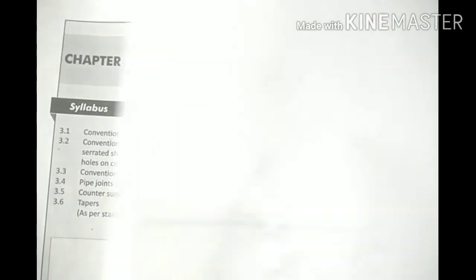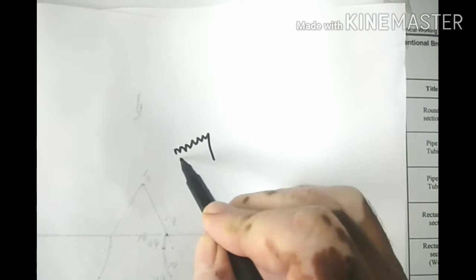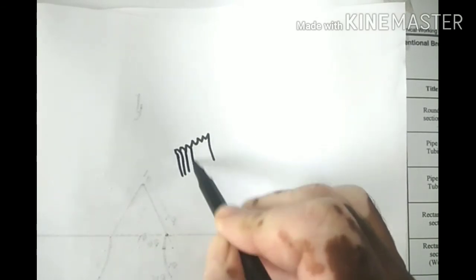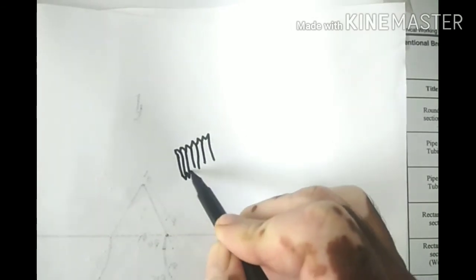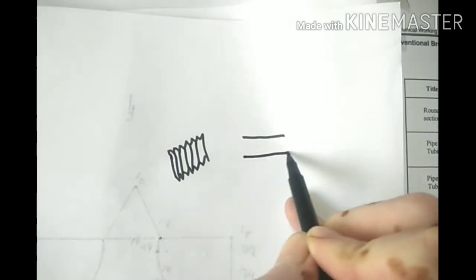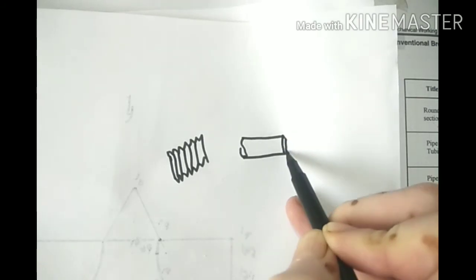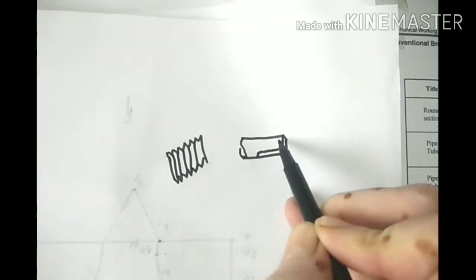In second semester we have studied that thread, external thread. Actual thread is something like this, but what we are doing, we are making the symbol as a double line like this.